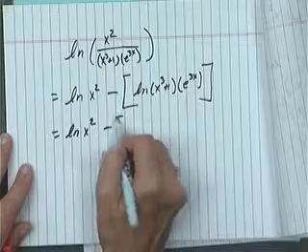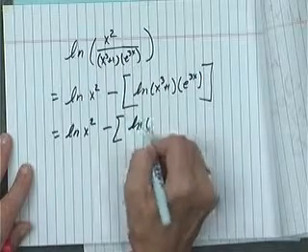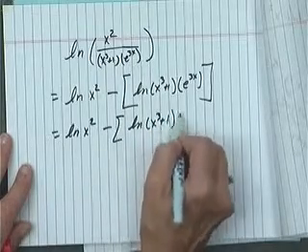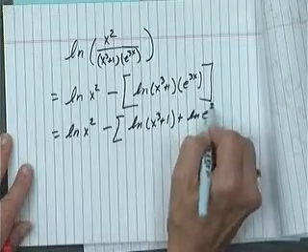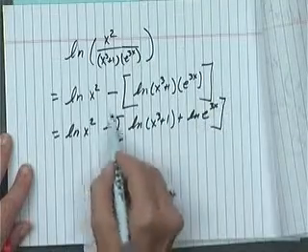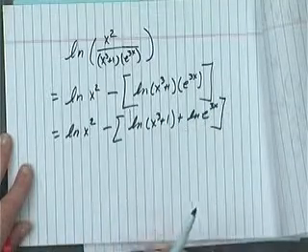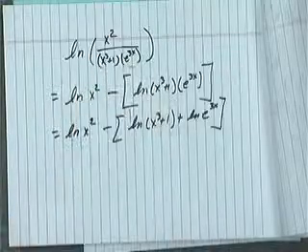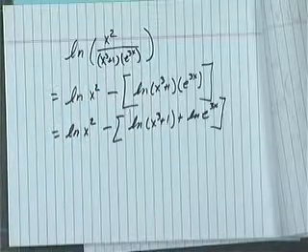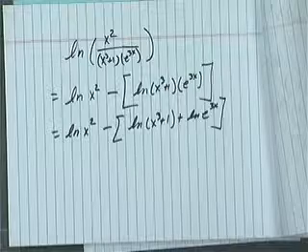Are we okay? And then you have big brackets, natural log of x cubed plus 1 plus natural log of e to the 3x. And see, that negative then has to be distributed through. So if I had 2 factors in the denominator, I would definitely have to use big brackets there.